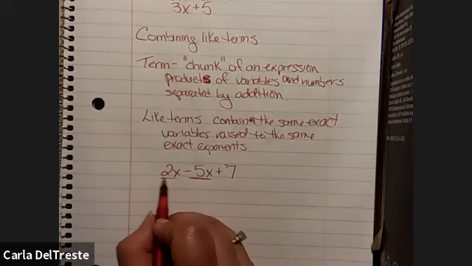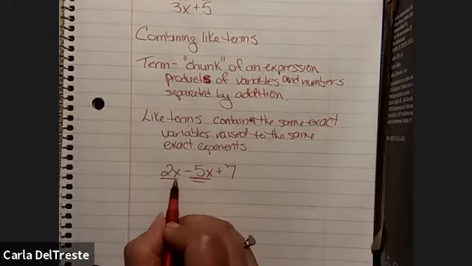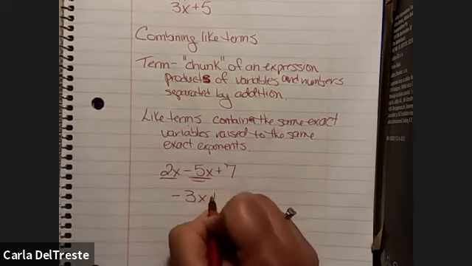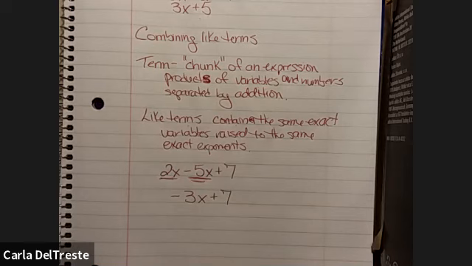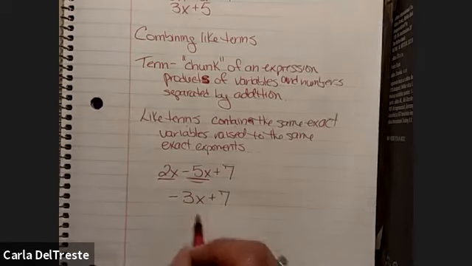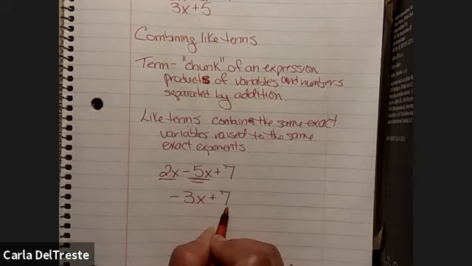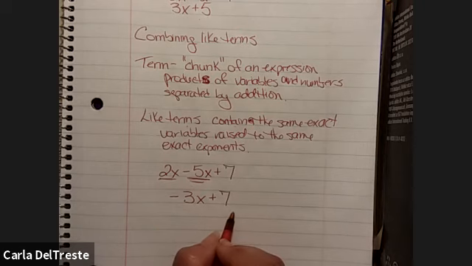So I'm going to combine 2x minus 5x. 2 minus 5 is negative 3x. And then don't forget about that plus 7. I can't go any further because this is not like, okay? These look totally different. I can't combine x's and whole numbers. So this is where I would stop, okay? And now I can see that there are two terms when all is said and done.